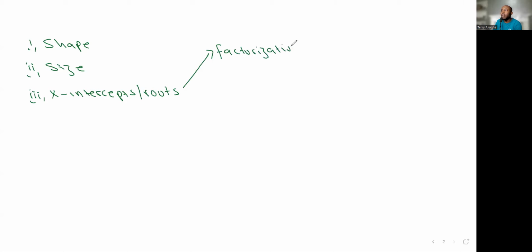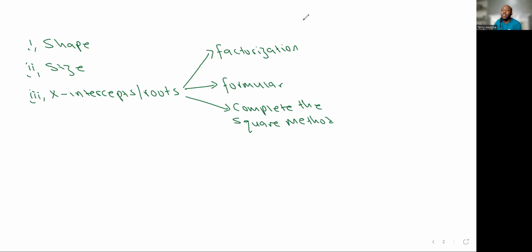You can use the formula method, or you can use the completing the square method. I showed you how to use each and every one of them. Then for the factorization, I showed you that we can also use the difference of 2 squares.